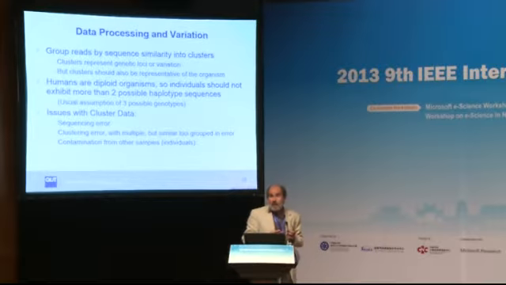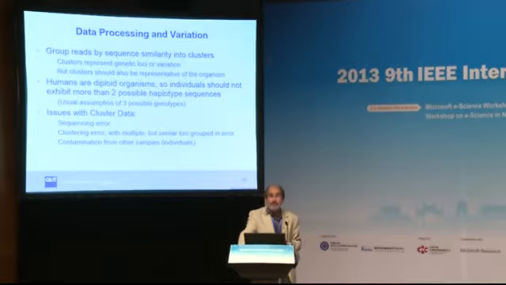So fundamentally, humans are diploid organisms, and so individuals should not exhibit more than two possible haplotype sequences. And what we're looking at here is some potential variations in the cluster data, which are not in fact the result of the sorts of SNP style variation that we're seeking.